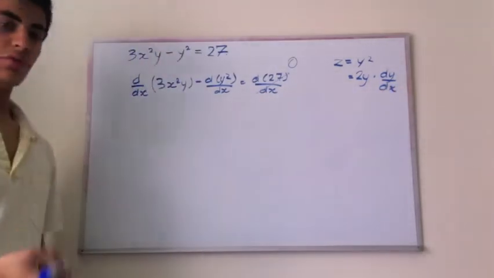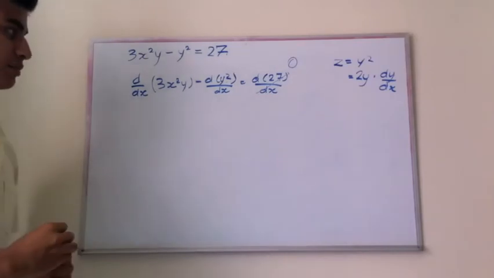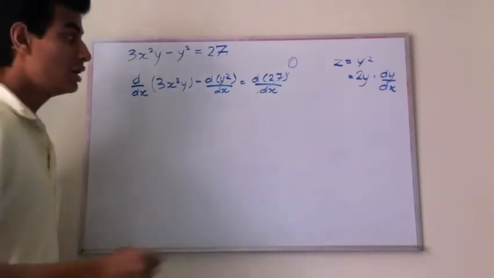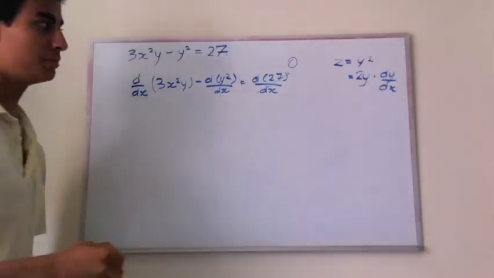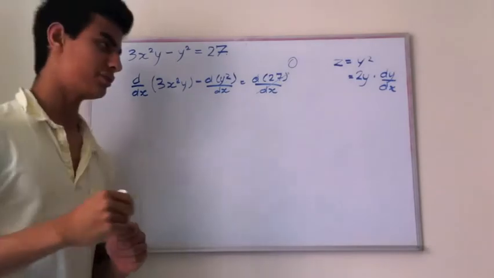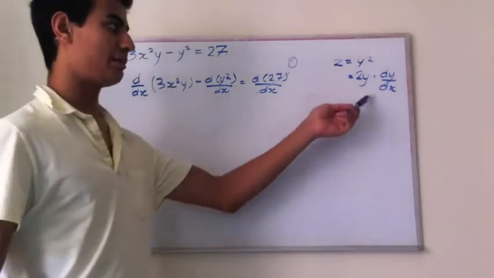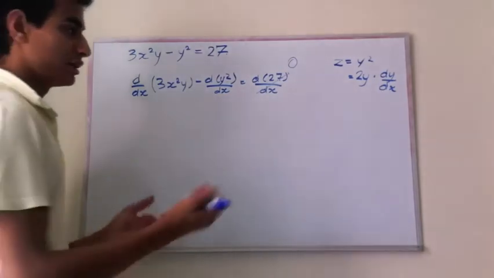And truth be told, if you want a really simple way of performing implicit differentiation, all you have to do is derive the y term as you would an x term, like applying power rules or whatever you want, and then just multiply it by a dy over dx term. And it actually works for anything.